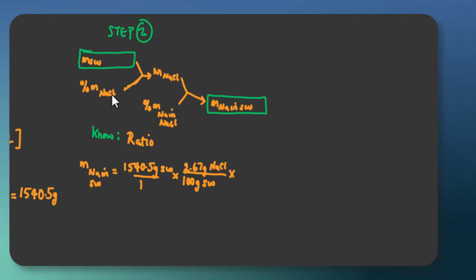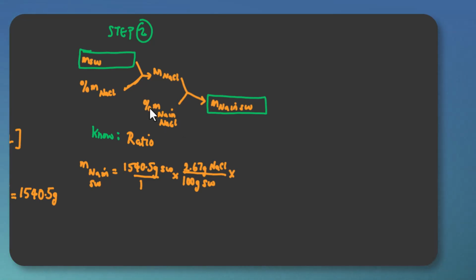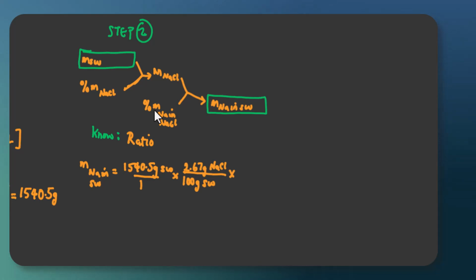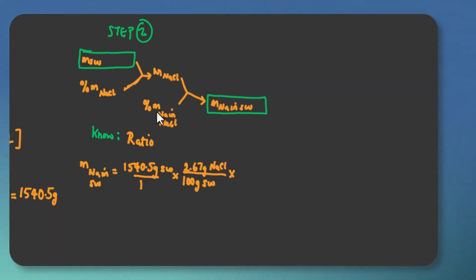what? The next thing here is that it will give us our mass of sodium chloride, but from there we need to find the mass of sodium in seawater. So we need to multiply the result of these two numbers, divided by 100, by the ratio of the mass of sodium in sodium chloride. And this here is the ratio to be what?